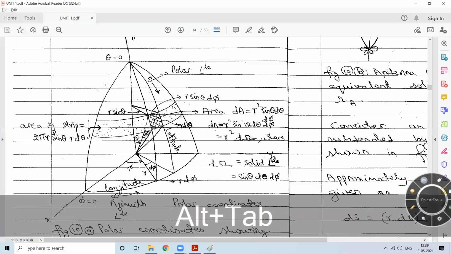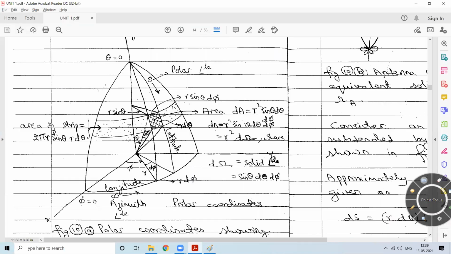Now here we can see that we have r sine theta, and with respect to theta and delta theta, all these parameters we are forming. So I should know how these values are obtained. How is this r sine theta? How is this r sine theta d phi? Those we will try to estimate.